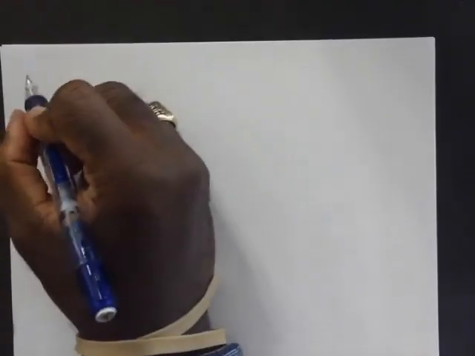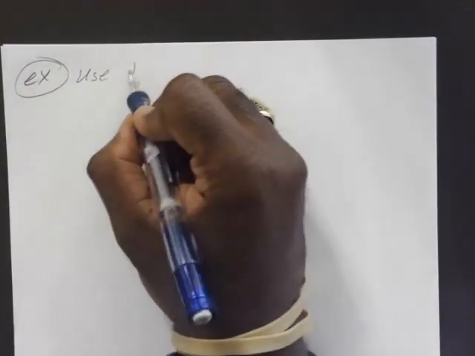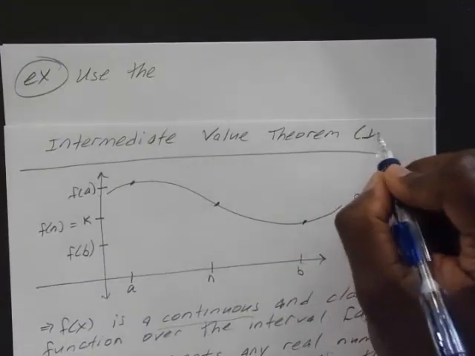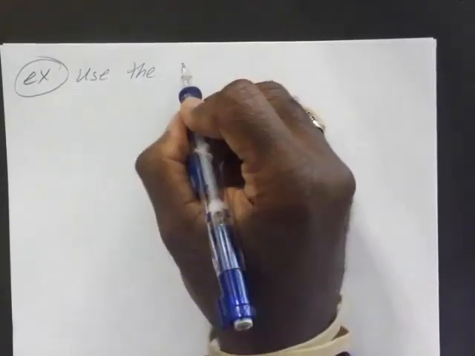Okay, so let's say, for example, if we want to use the intermediate value theorem, and just for shortcut reasons, the intermediate value theorem, you'll sometimes see IVT. And then we have an extreme value theorem where you'll see EVT, so you'll see those shortcuts.